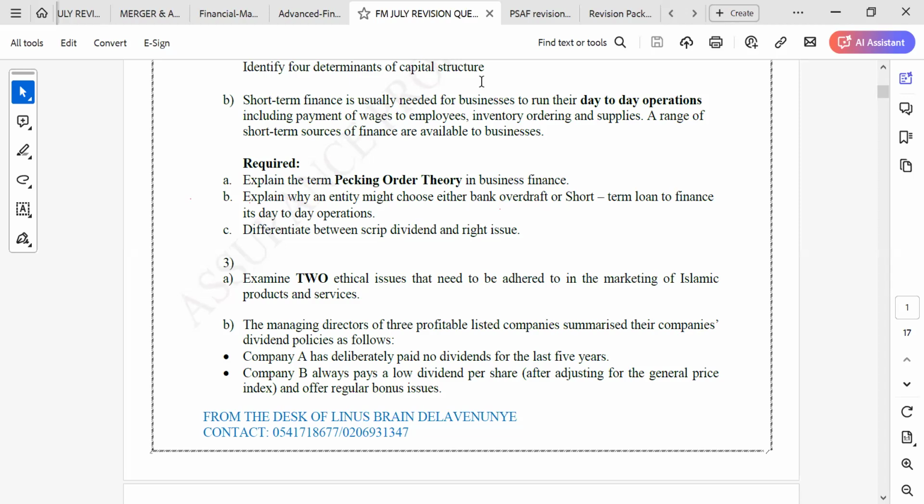So charging of interest is prohibited. You should not market products that are based on speculations. The product that you are marketing should have a greater impact on the society than on yourself. You can also write this question based on the prohibitions under Islamic financing.